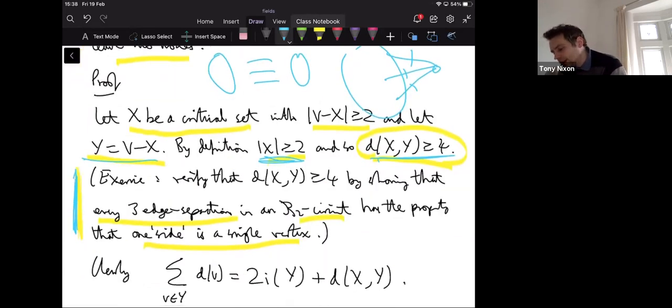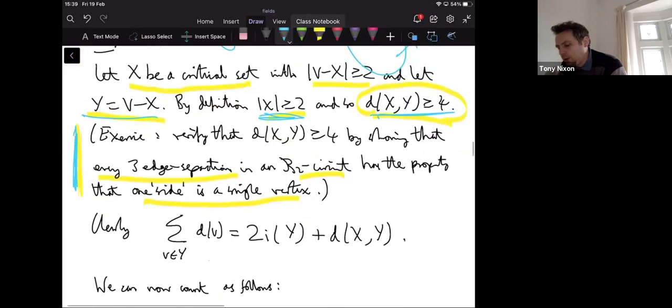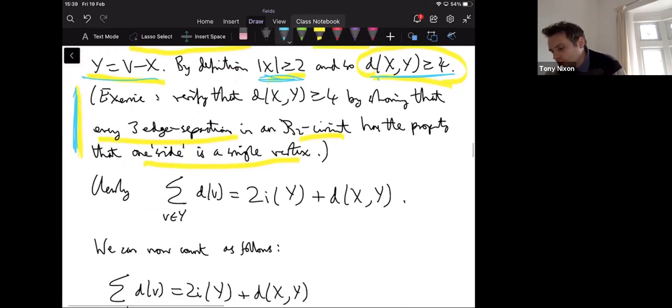Okay, so given that we're then just going to count. In Y, which remember is the vertices outside this special critical set X, we want to count the degrees of the vertices in Y. The sum of the degrees is twice the number of edges, but we're looking at the degree in G, and we're looking at a subset of the vertex set.